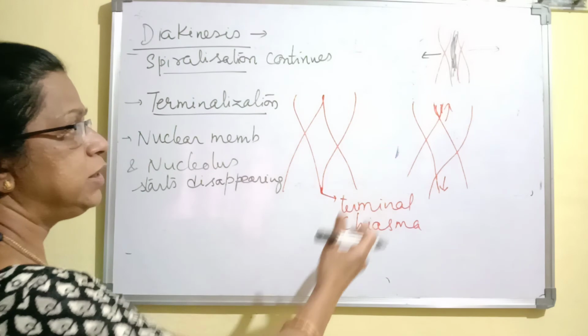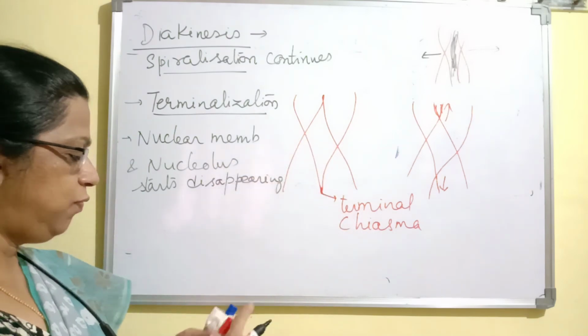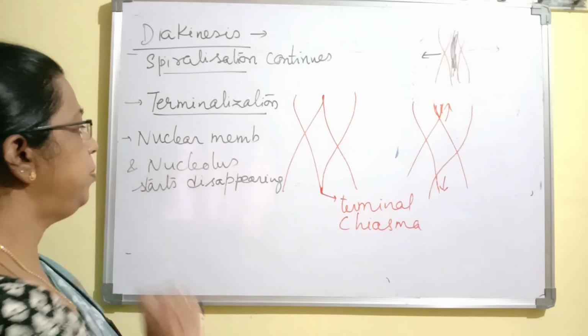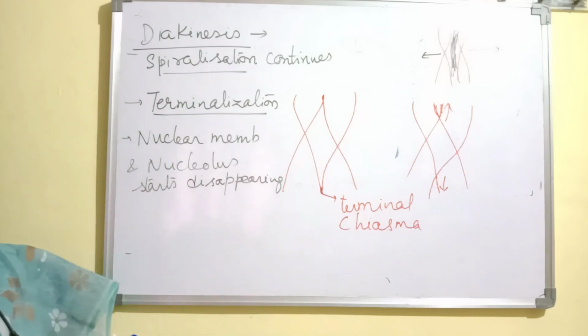All the bivalents now move towards the periphery of the nuclear membrane, and finally when the nuclear membrane disappears, all the bivalents are scattered within the cytoplasm.